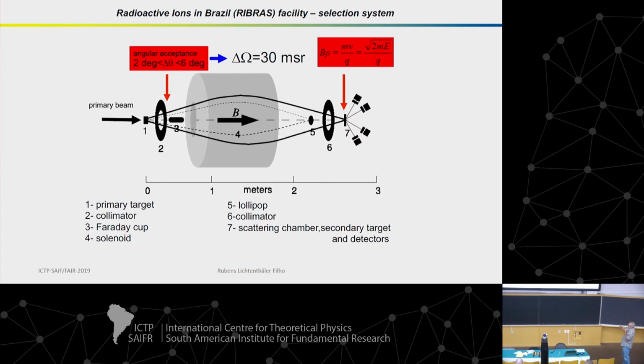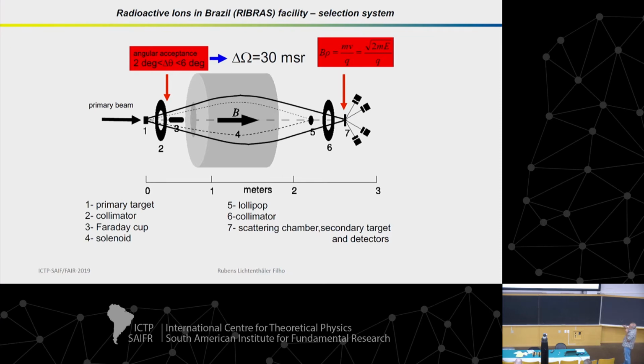It's important to say that the primary beam has about 10 to the 13 particles per second, whereas the secondary beam has about 10 to the 5, 10 to the 6. So it's important to completely suppress the primary beam. This is the function of number 3, which is the Faraday cup.